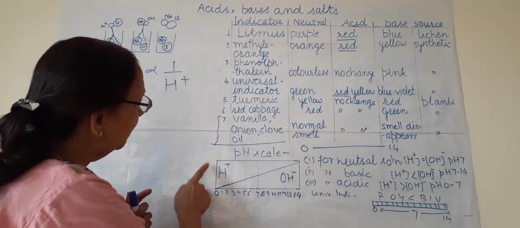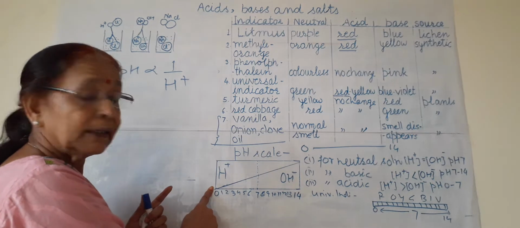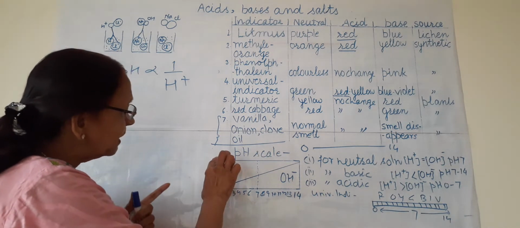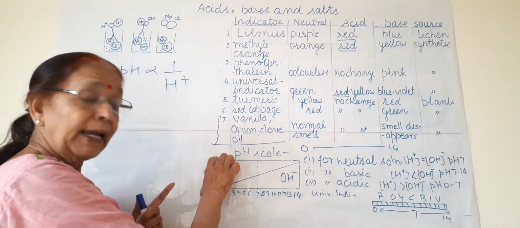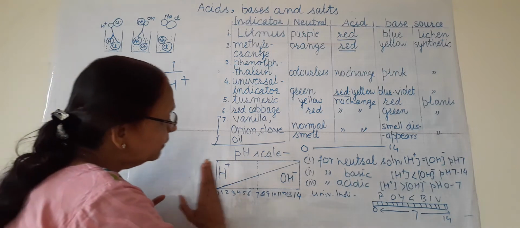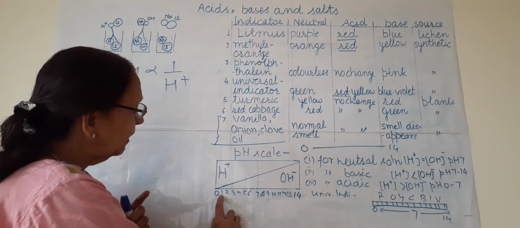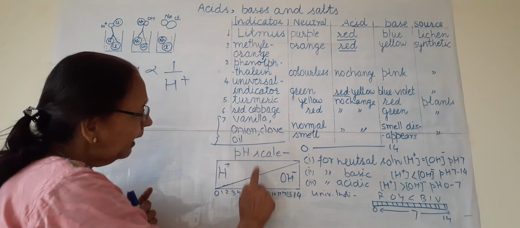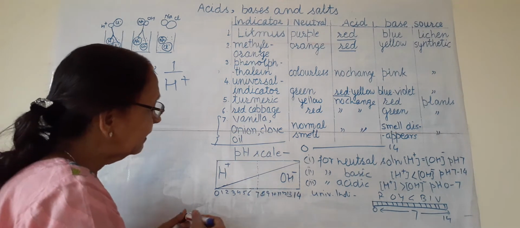So you can see on this side, this is the H ion concentration. This is the maximum concentration of H ion on this side and the pH is 0. As we go from the right side, the pH increases to 1, 2, 3, 4, 5, 6, 7, and 7 is the middle one and it is neutral.